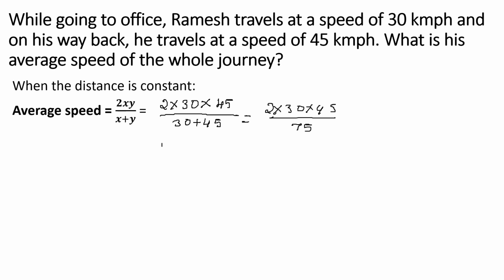Upon simplification, 15 twos are 30, 15 fives are 75, and 5 ones are 5. Upon cancellation, 5 nines are 45, so 2 into 2 is 4, 4 into 9 is 36 kilometer per hour. So the average speed is 36 kilometer per hour.